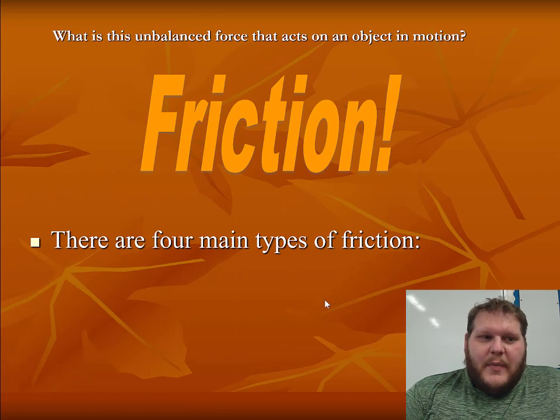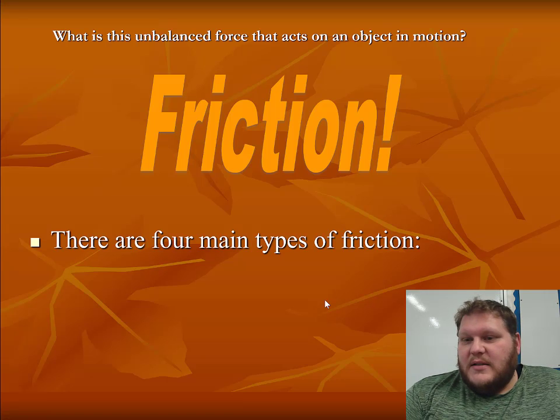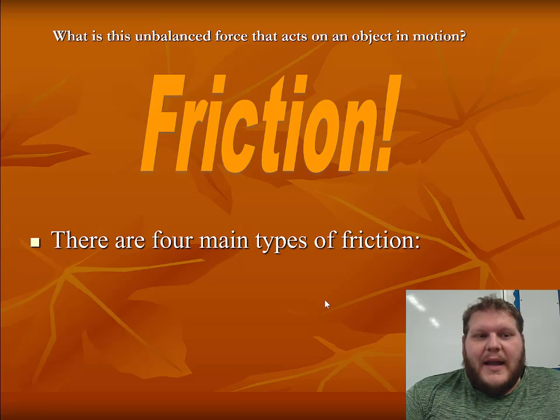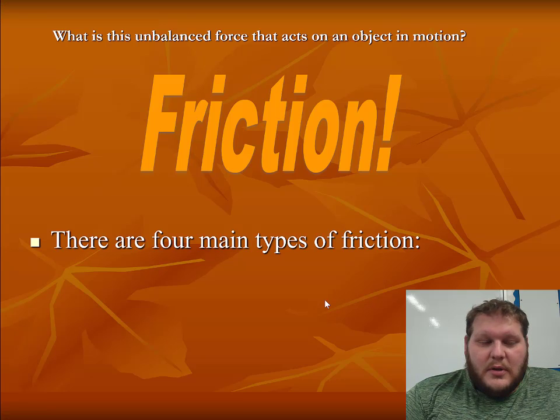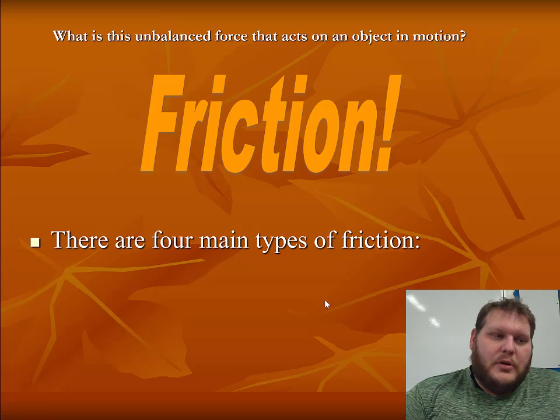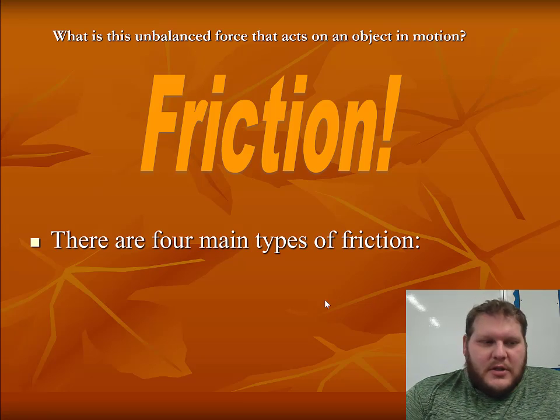It's one of those unbalanced forces that acts on an object, usually to stop it from moving, not necessarily to give it any kind of initial motion or initial push or pull. It's usually forces acting in opposite of any kind of applied push or pull. And there are 4 main types of friction.